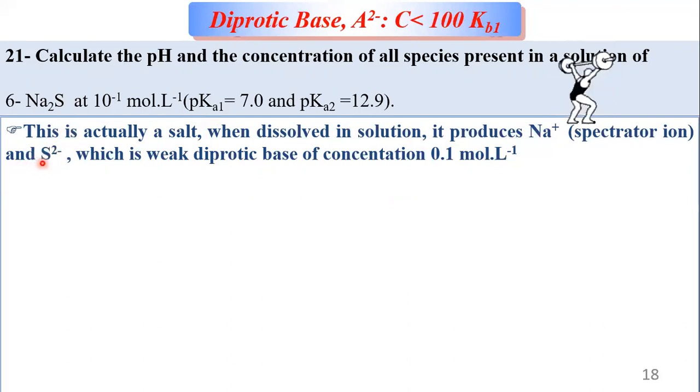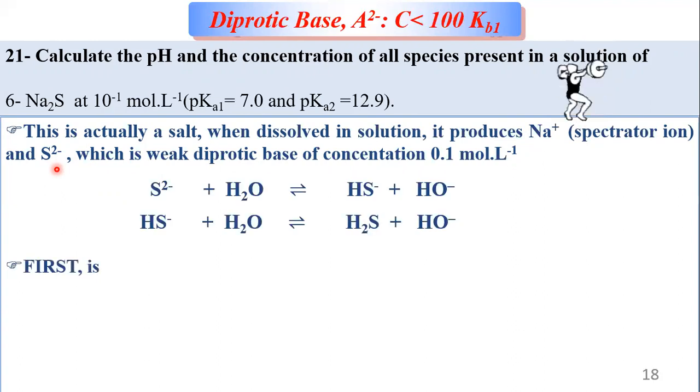The Na plus is a spectator, and what's the S2 minus? Yes, it's a base. It can't be acidic, so it's a base. What kind of base? Absolutely, it's a diprotic base. Why? Because it has two negative charges, so it can possibly pick up two protons from water.